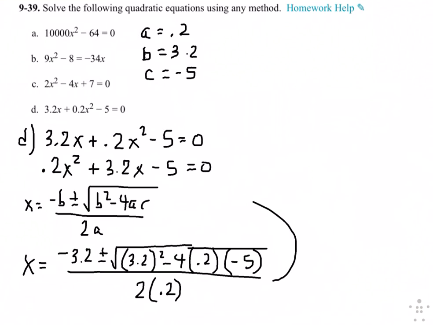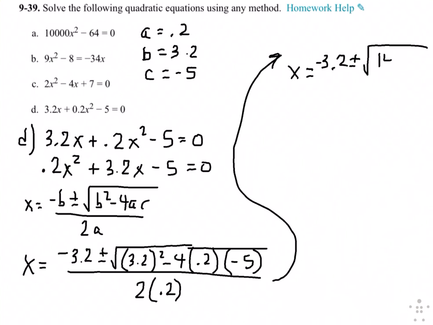Okay, now I'm going to come up here and I'm going to simplify, right? So it's x equals negative 3.2 plus or minus the square root of 14.24 all over 0.4, right?